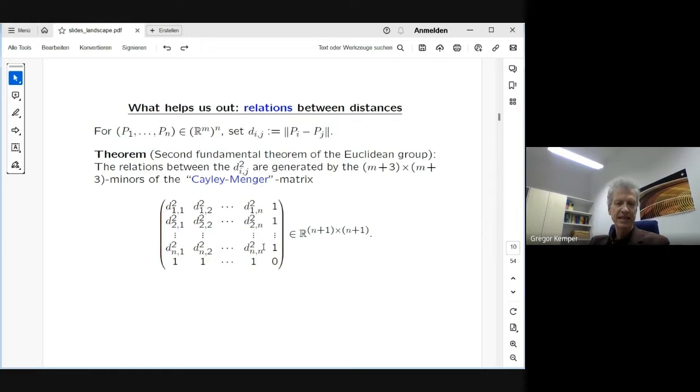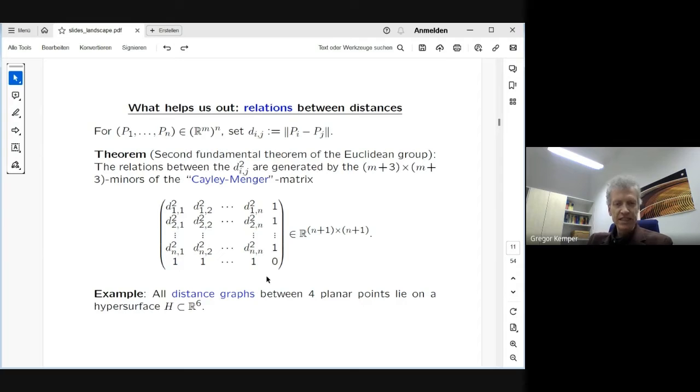Then you get this Cayley-Menger matrix, which is nice because it doesn't need to specify or to select any anchor point to give it. So it's a nice matrix, and it turns out that its minors represent all the relations.